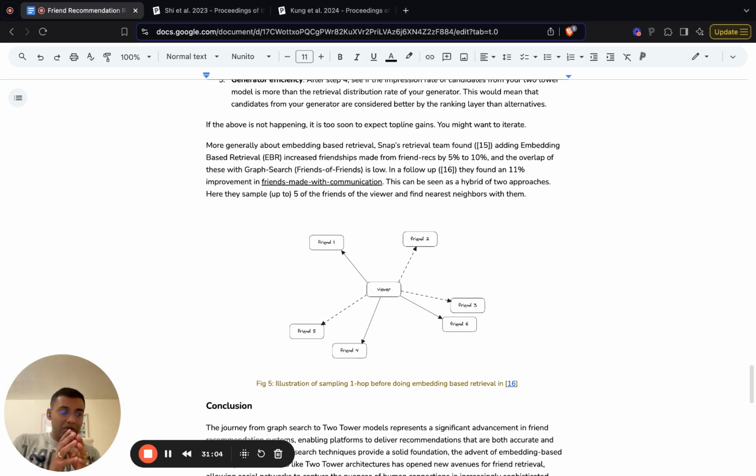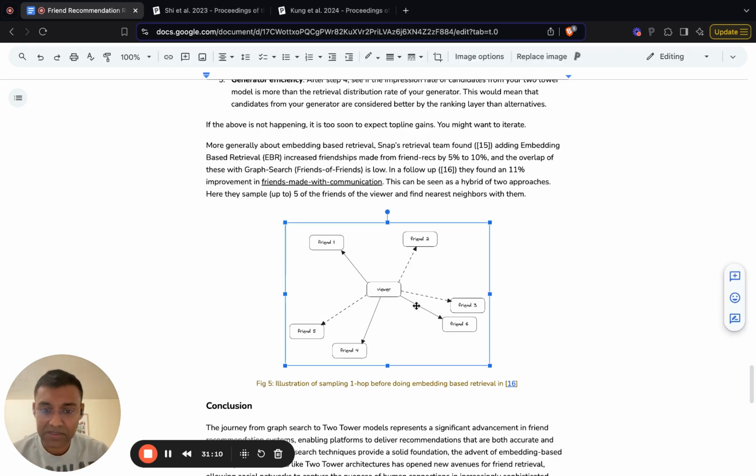how about we sample some of the friends of the user. Okay, in this case, this viewer, what I'm trying to show is that in this case, they have 6 friends on the platform, 1, 2, 3, 4, 5, 6. And let's assume the bold ones are the ones we sample.